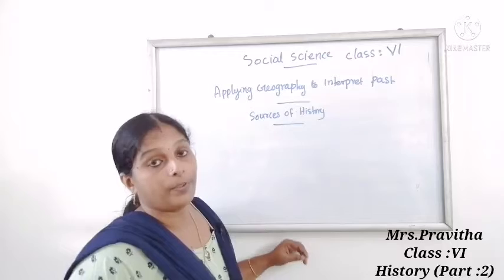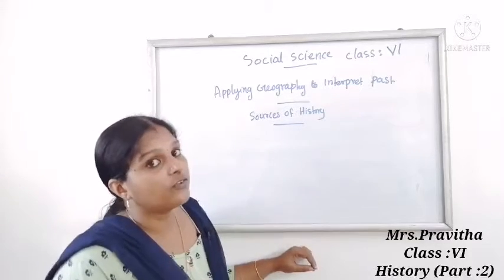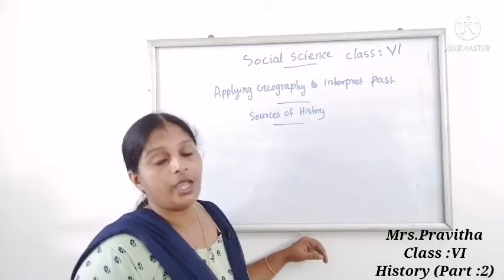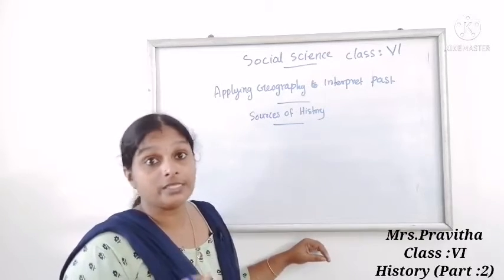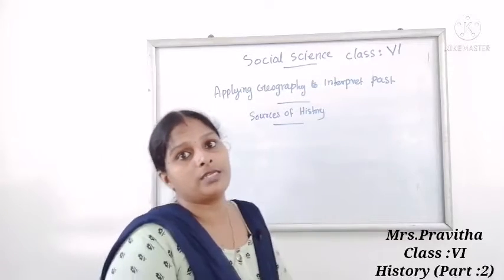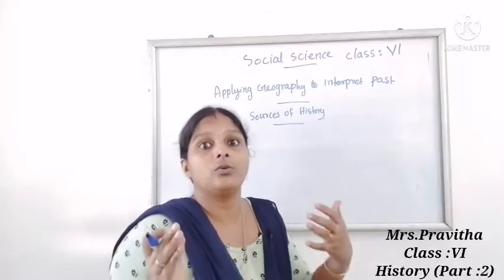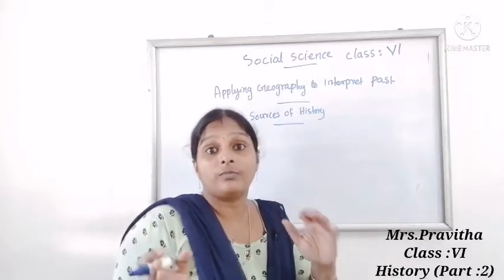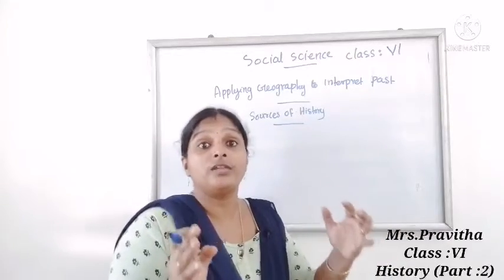Our next topic, sources of history. Historians use different sources for writing history. Ma'am, in the first class itself, told that writing history is not a simple task. Historians want to get many information. Some information is available in written records, but some information they are not getting. So they depend upon different sources.